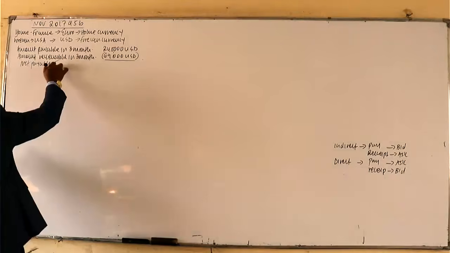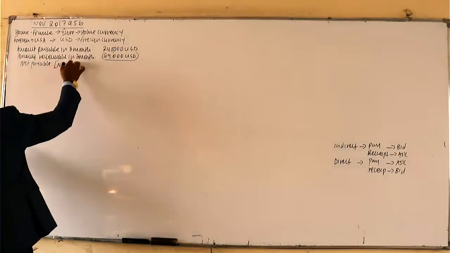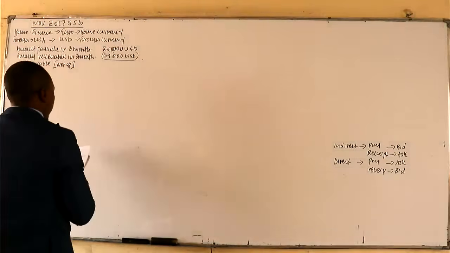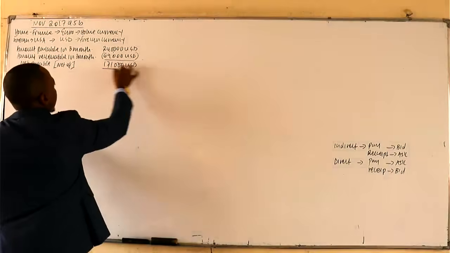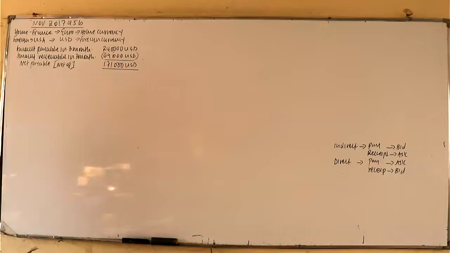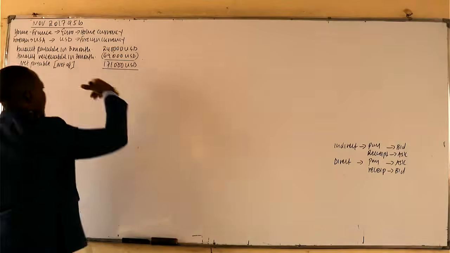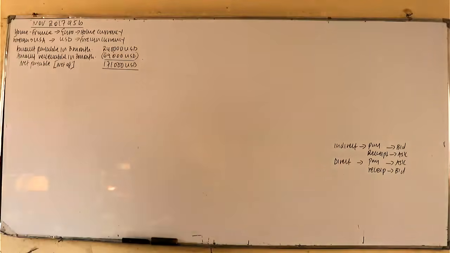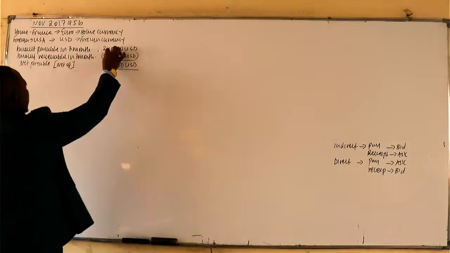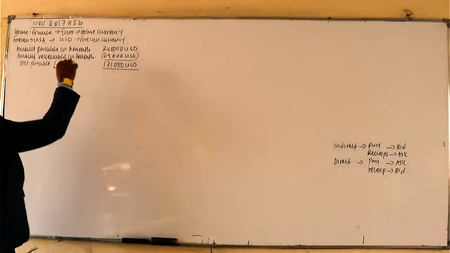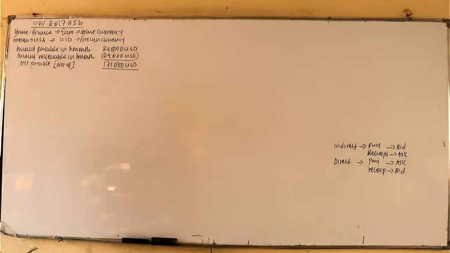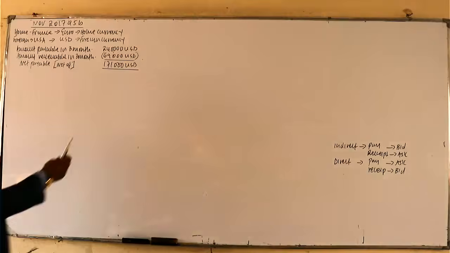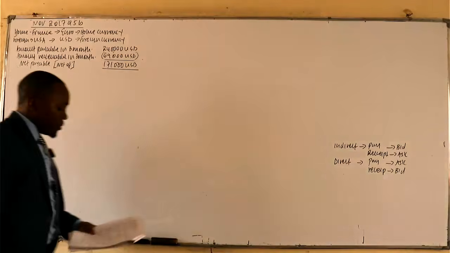This is what we call net off, so you get an amount of 171,000 USD. If the amount we expected to receive was more than what we are paying, we would have gotten a net receivable. Since we expect to pay 40,000 and from the same currency expect to receive 69,000, you can net off. So now we have the amount of net payables.